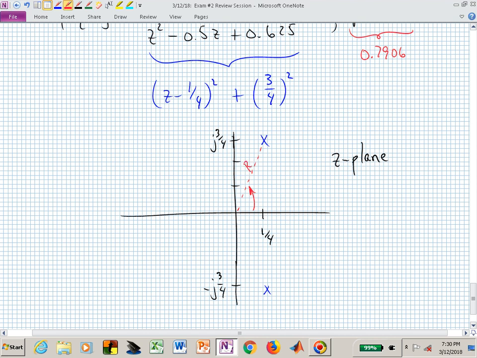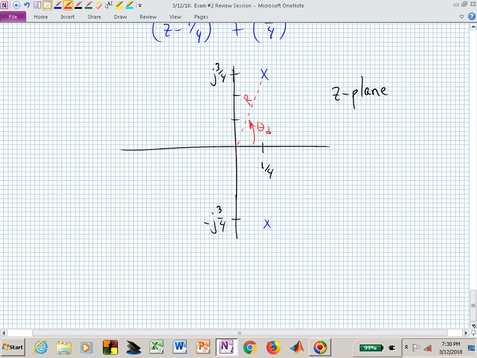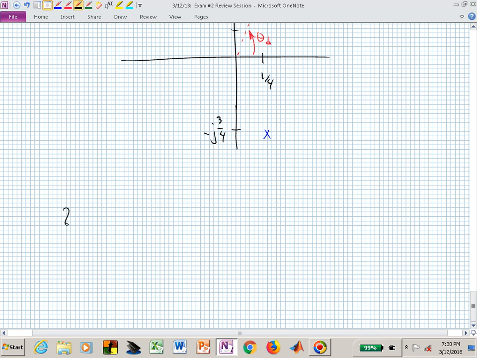I can now find the hypotenuse, and I can find that angle. Or now I have poles at 1/4 plus and minus j 3/4. The magnitude of z, this is now the hypotenuse. That's R. That's the square root of 1/4 squared plus 3/4 squared.